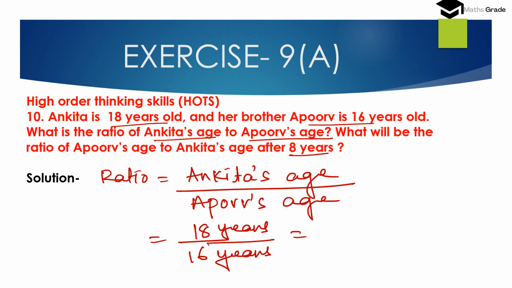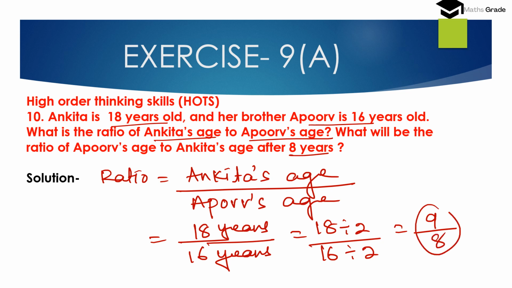Now between 18 and 16, 2 is the common factor. So divide the antecedent 18 by 2 and the consequent 16 by 2. 18 divided by 2 is 9 and 16 divided by 2 is 8. So 9 is to 8 is the ratio of Ankita's age to Apurv's age.